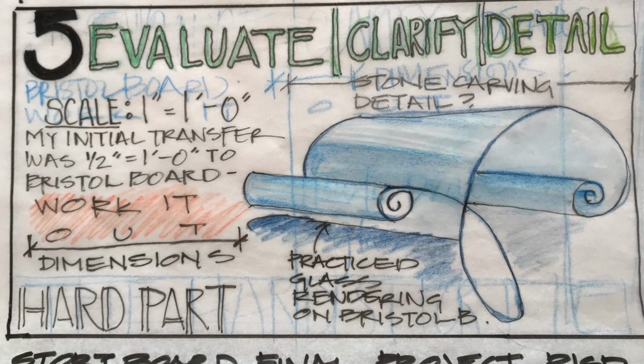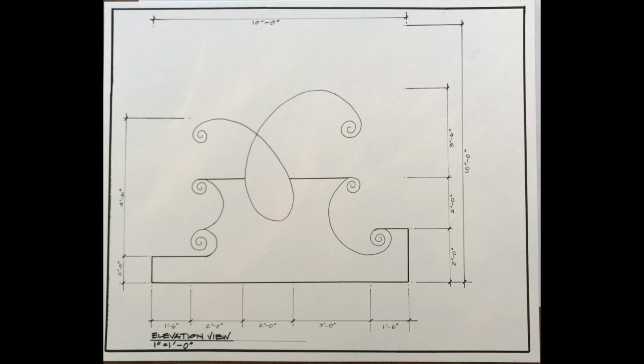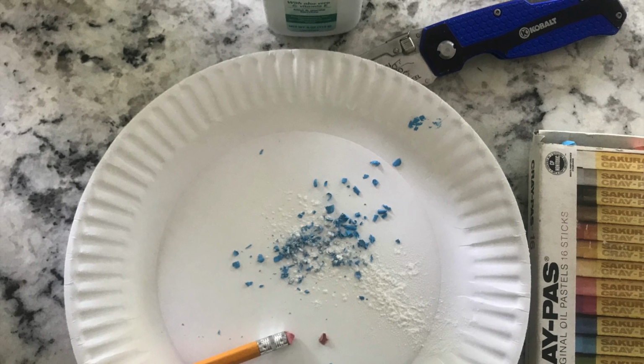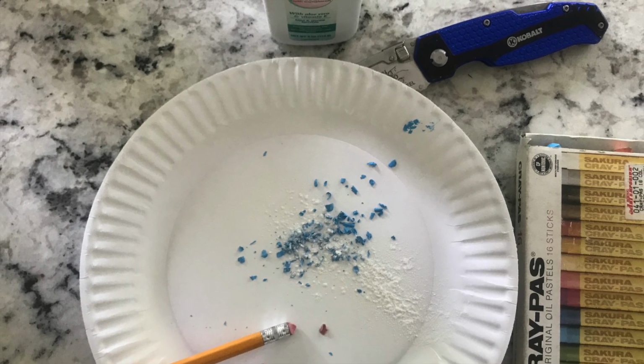So step 5, transitioning to the step was probably the hardest for me. Practicing on the Bristol board, I continued to practice the clarification of the design and the detail and working it out. But in one of our Zooms, Amy went over rendering glass. I practiced using the pastel with baby powder.